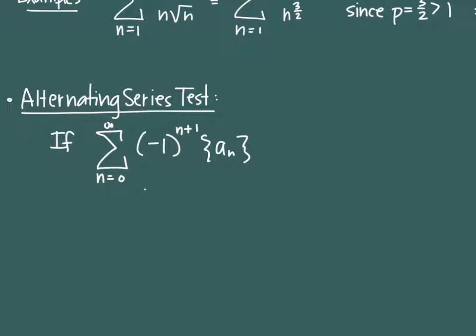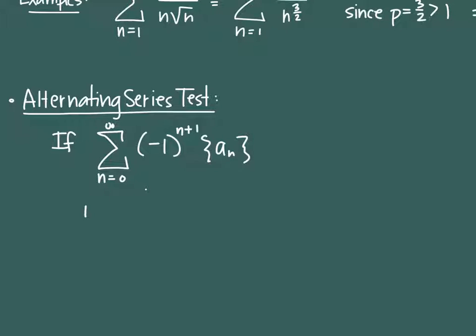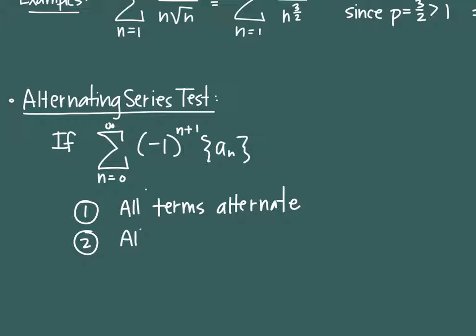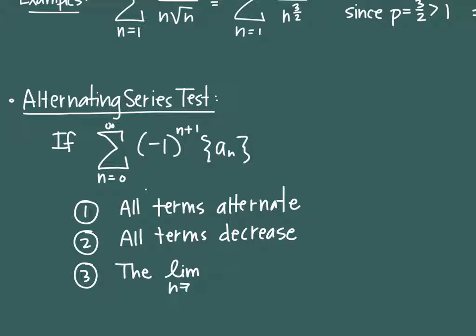If we have an alternating series, number 1, all terms alternate. Number 2, all terms decrease. And number 3, the limit of the final term is 0.